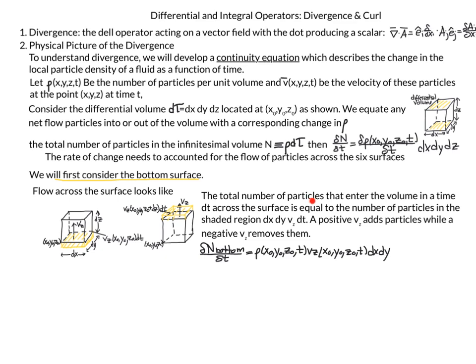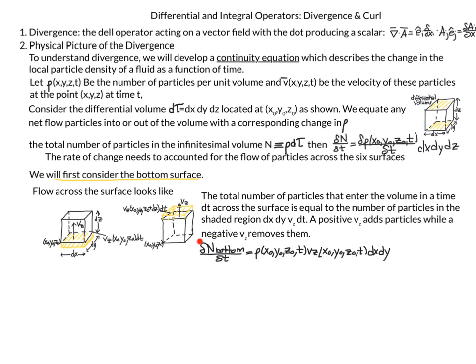So the total number of particles that enter the volume in a time dt across the surface is equal to the number of particles in the region dx, dy, and then I substituted for dz the velocity with respect to z times dt. So vz dt gives us dz, and that's that little incremental height here. So again, we want the number of particles entering this yellow portion. A positive vz adds particles while a negative vz removes them.